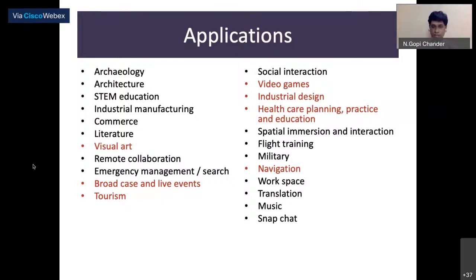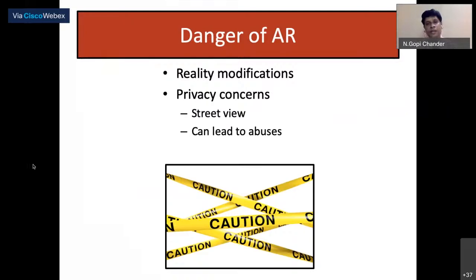But our major concern now is in terms of data. When you have so many advantages, it also has dangers, especially in terms of reality modifications. If at all the majority of people try to move away from the country, we have some restrictions in the country in terms of street views in Google Maps, whereas street view options are available in the international environment.